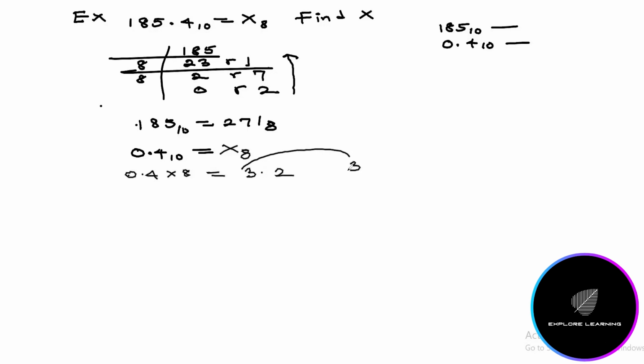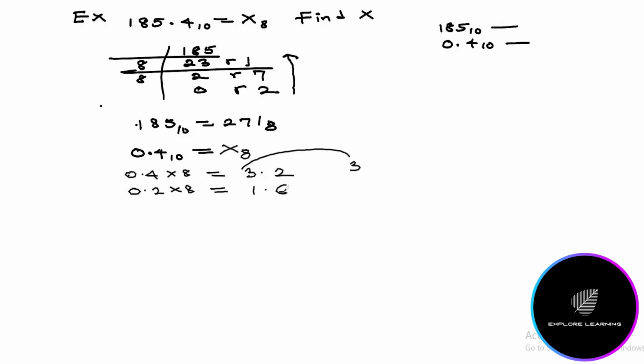So to determine the next value to be used for the next round of multiplication, we have to say 3.2 minus 3. Now if we do that, we're going to get 0.2. So we're going to multiply 0.2 with 8.